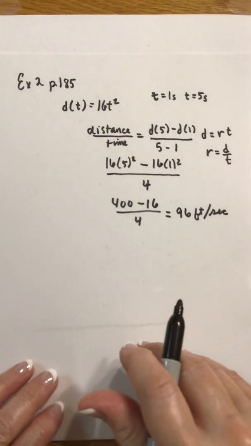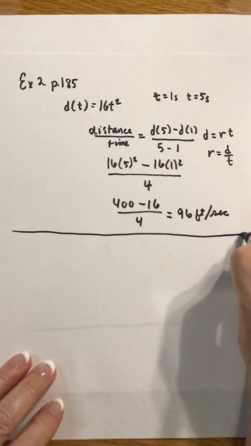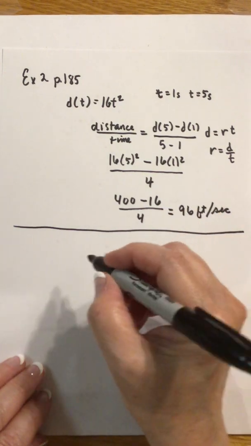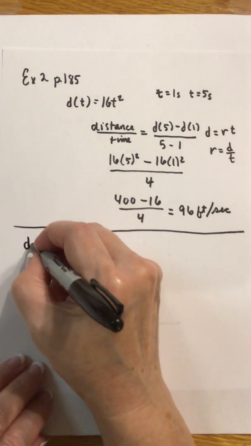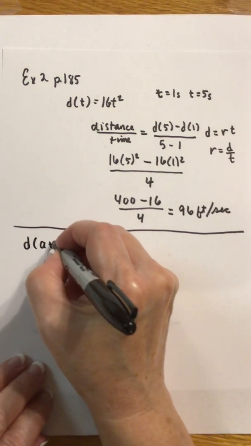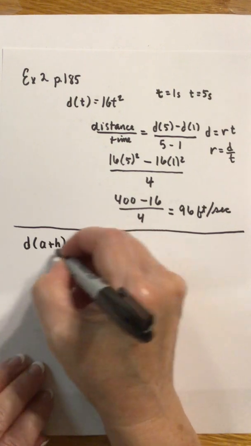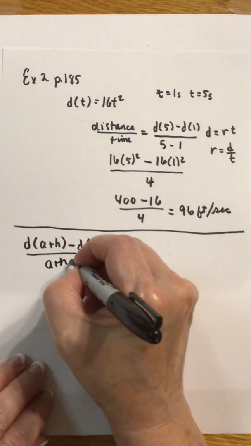Okay, the next one we're going to look at is using that same function. And we're going to have finding d of a plus h minus d of a, all over a plus h minus a.